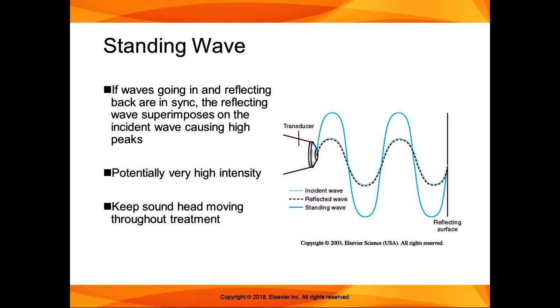You can avoid a standing wave by keeping the sound head moving throughout the treatment. You can actually burn somebody's periosteum because bones reflect a lot of ultrasound. If you hold the transducer head in place and you get that standing wave reflecting back and multiplying, you get potentially a very high intensity that can burn tissues. So keep that sound head moving at 4 centimeters per second.